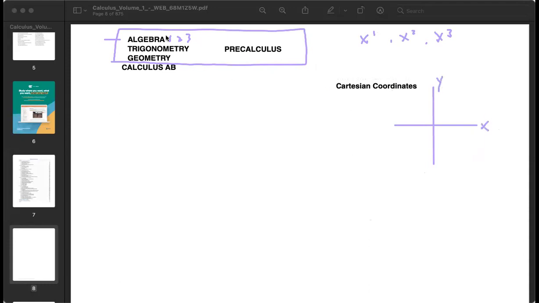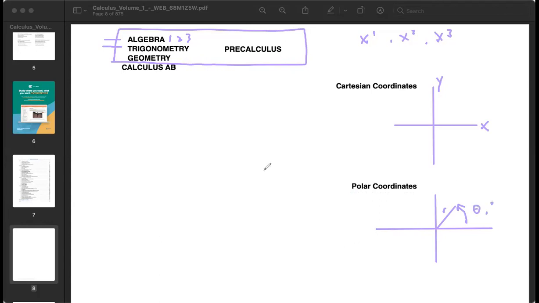And depending on your teachers, you may have done something called polar coordinates. Polar coordinates are more often used on the geometry, the trigonometry side of things, where instead of x and y, you have an r and then a theta, or an angle measure.